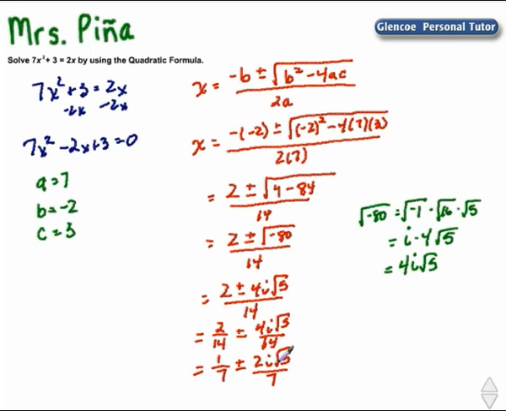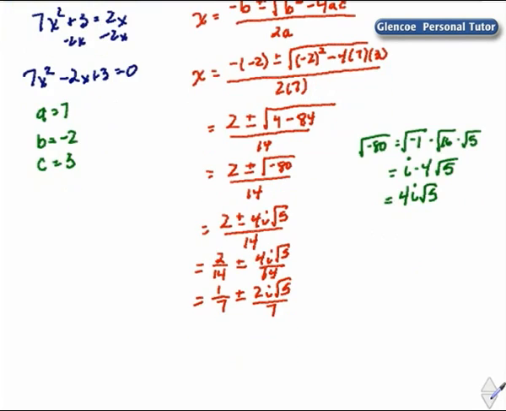That's your solution, and if you wanted to keep it as one fraction, we can write it as 1 plus or minus 2i radical 5 all over 7, common denominator, and that is the solution for x.